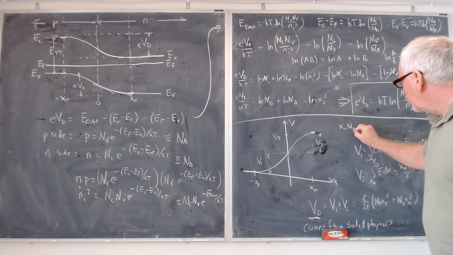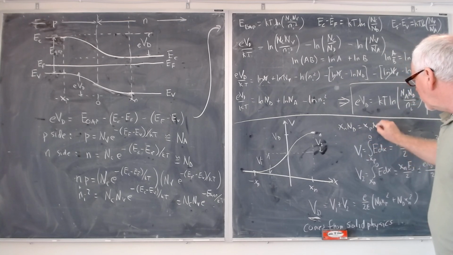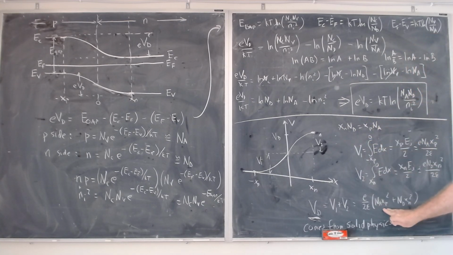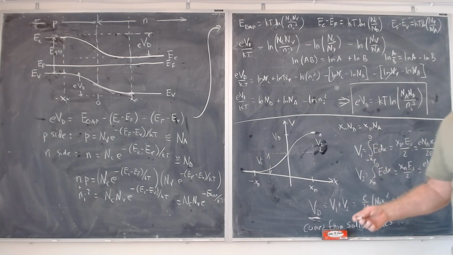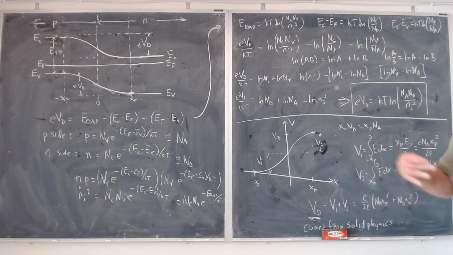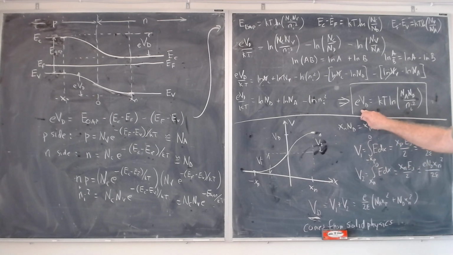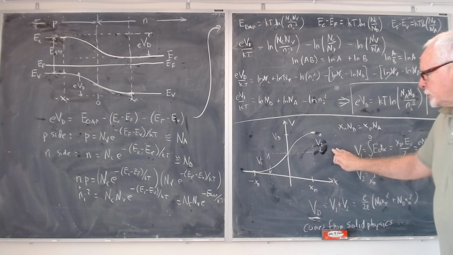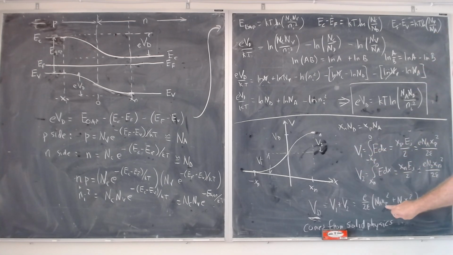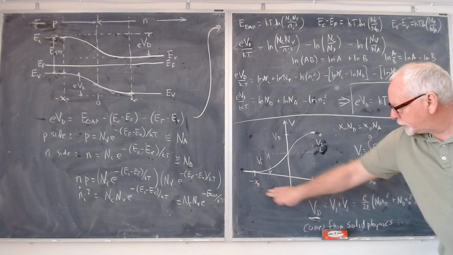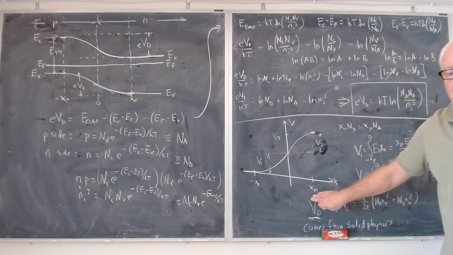Xn ND is equal to Xp NA. So I can then solve for either by plugging in either Xn or Xp. Now I'm not going to do that. I just wanted to show you how this works. So basically, a PN junction, a diode, has a built-in potential that is determined by the doping levels, and then you can use electrostatic analysis to determine what the width of the depletion region is, Xn or Xp.